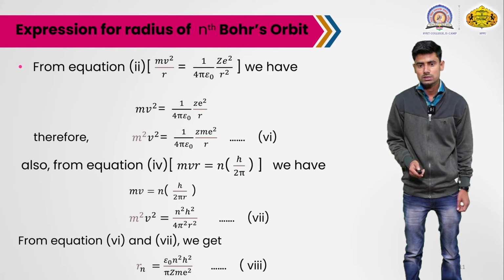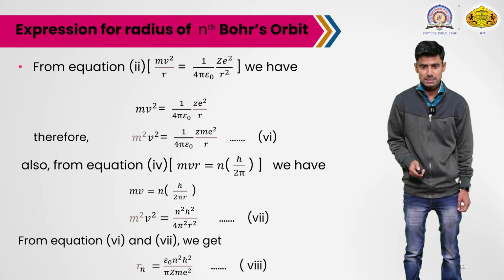Now we also have equation 4, m v r equals n h upon 2 pi, which we have written from the second postulate of Bohr's theory. Therefore, from equation 4 I will get m v equals n h upon 2 pi r, and so m square v square equals n square h square upon 4 pi square r square.